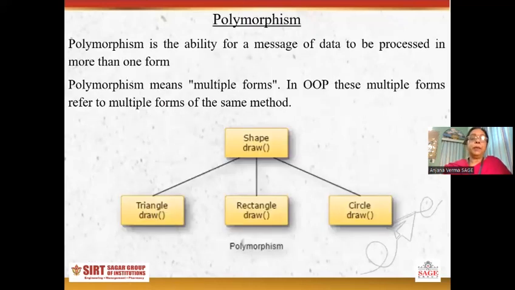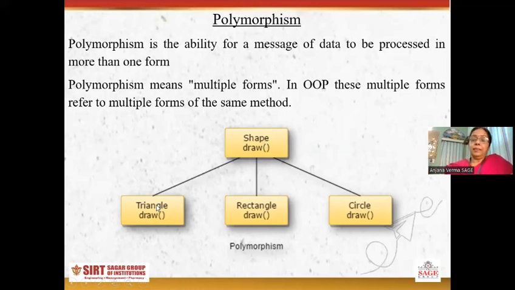Now, the next property is polymorphism. Polymorphism means the ability for a message or data to be processed in more than one form. Means with one ability, you can show things in multiple forms with the help of multiple inputs. Shape is a property, draw is a property for shape.